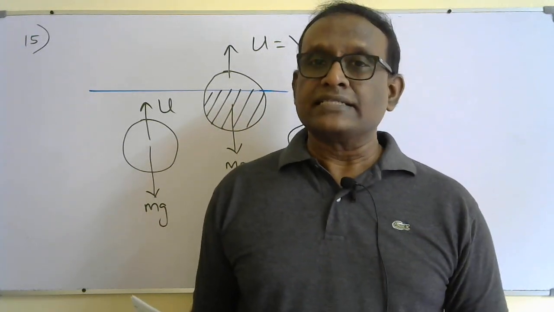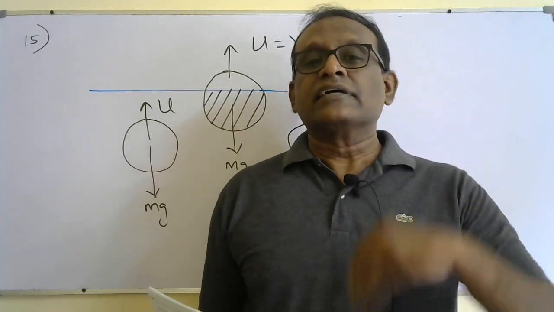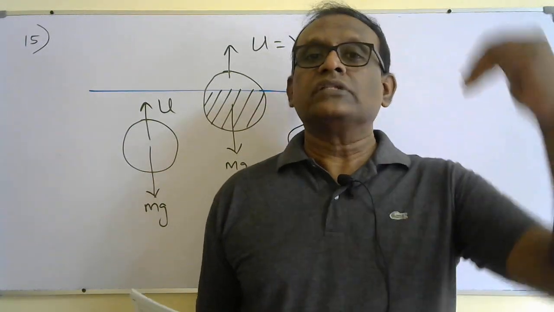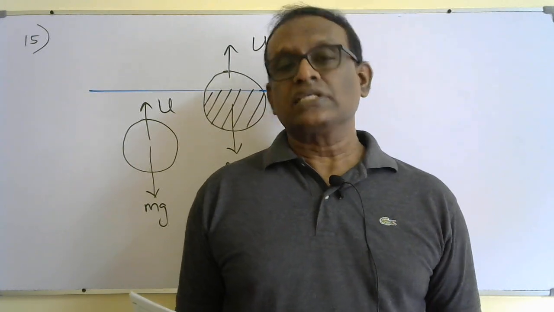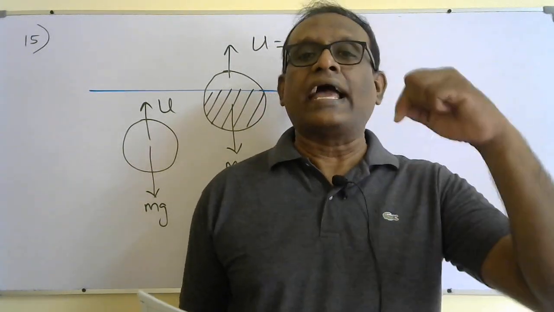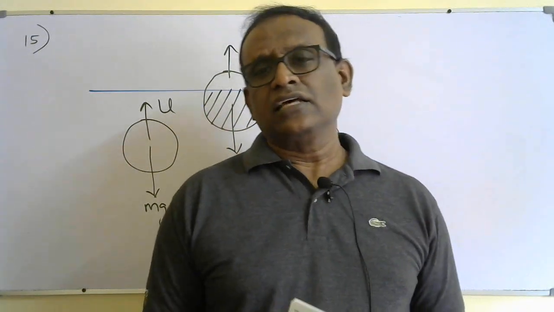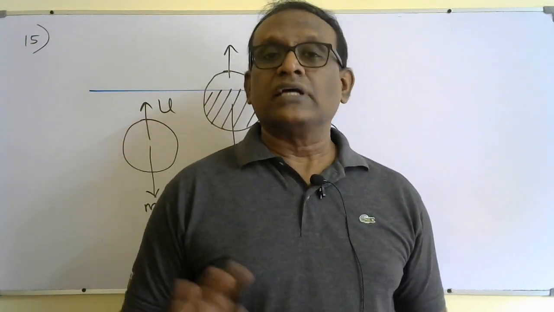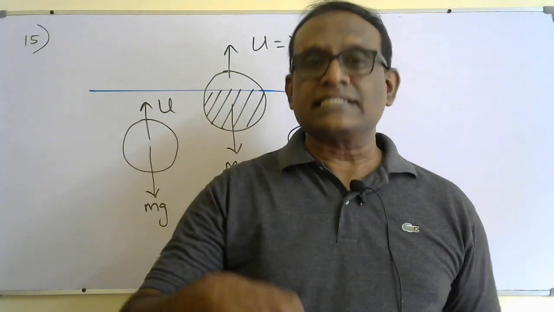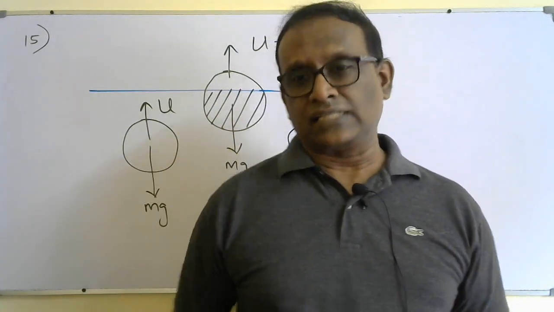When the upthrust decreases, the weight becomes greater than the upthrust, so the disc will have a downward resultant force and it will accelerate down and it will sink. That's the answer we should give. Here they are not asking how to take the reading from the Galilean thermometer, or why it sinks at different temperatures. So that's the answer.